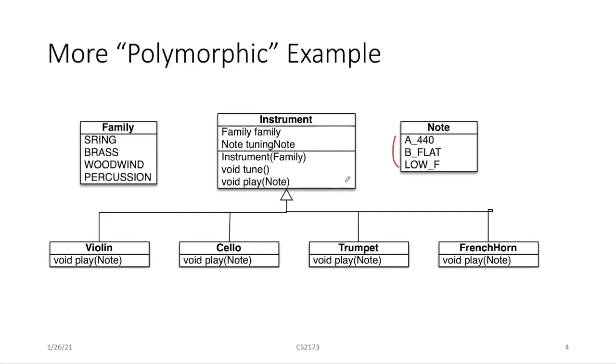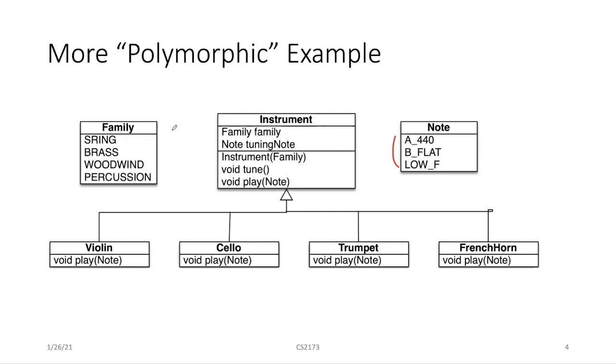Again, in the orchestra, there are only a certain number of notes that can be played. It's a fairly long list, but there's nothing to prevent the note enum from having every single one of those. But again, for a class example, I'm just going to stick to these three, and you'll see why, hopefully, at some point.